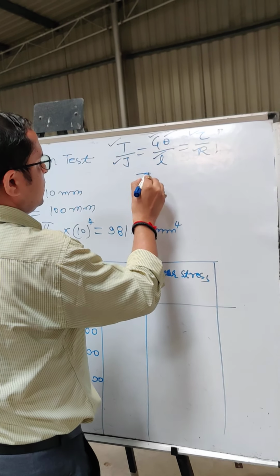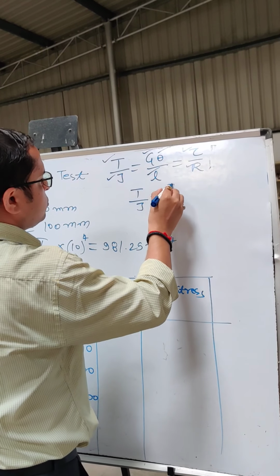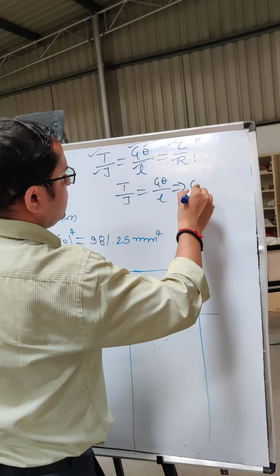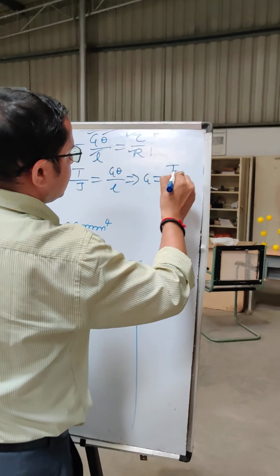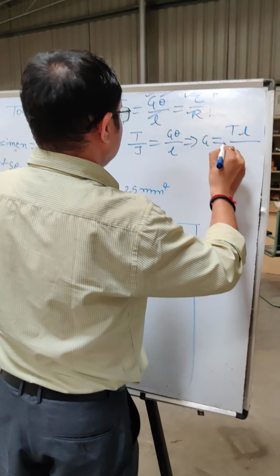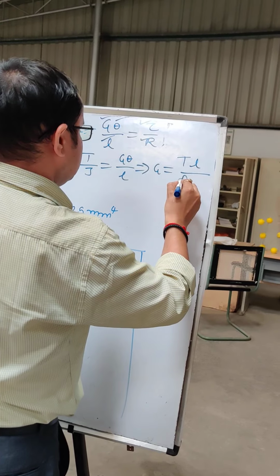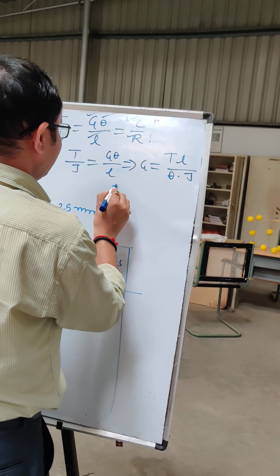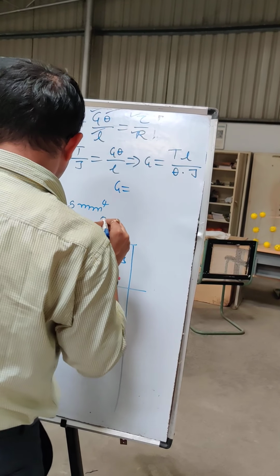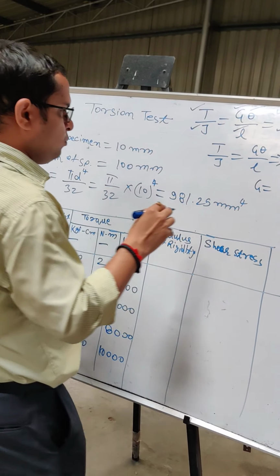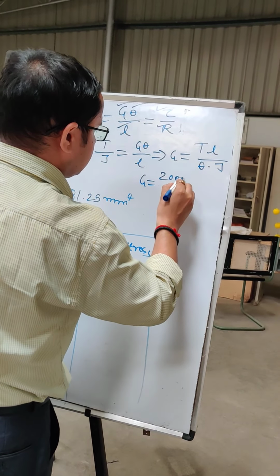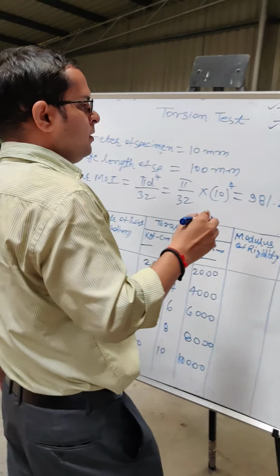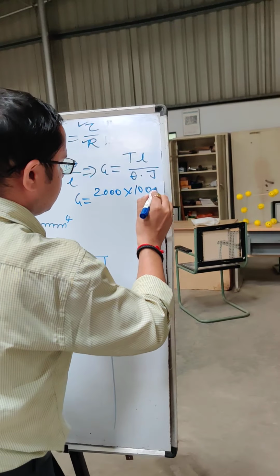So for G, T by J equals G theta by L. So G is equal to T L upon theta into J. Here T is 2000. L is 100 mm.